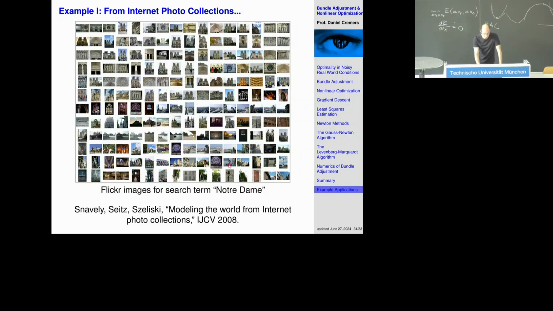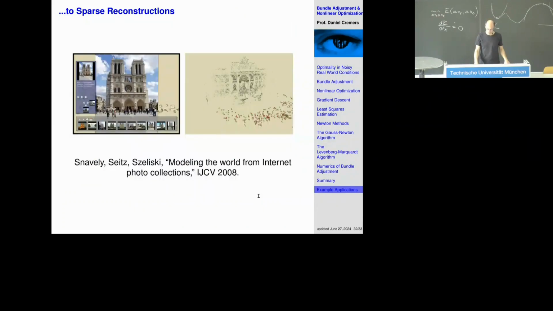Basically what they did in these papers is you can enter the search term Notre Dame, and the algorithm will collect images from the internet that contain images of Notre Dame and will reconstruct then parts of the facade of Notre Dame, which is quite amazing because it shows you can reconstruct the 3D world without a camera, because the 3D world is in the images in the internet.